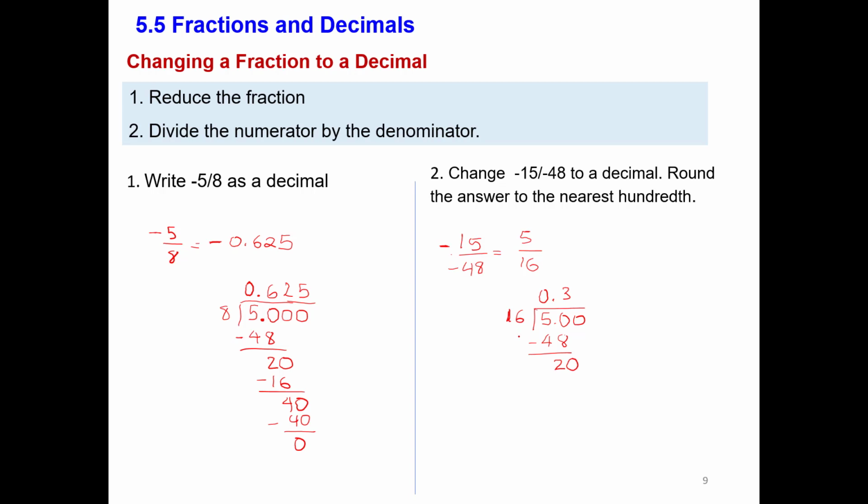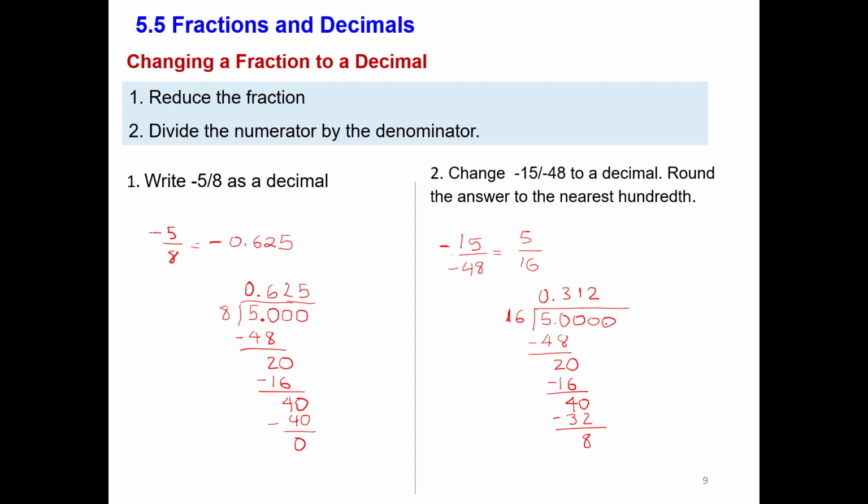How many 16s are in 20? 1. 20 minus 16 is 4. We add a 0. Then how many 16s in 40? It will be 2. 2 times 16 is 32. 40 minus 32, 8.